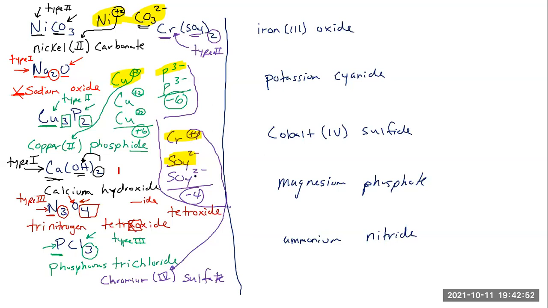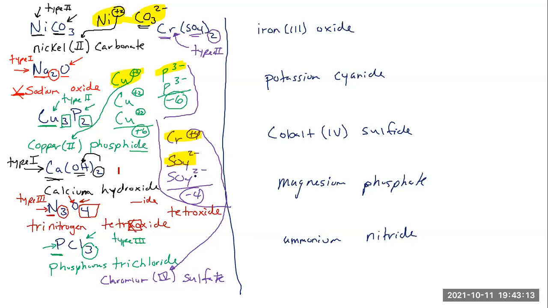You could have a metal and just a straight non-metal together. You could also have another metal and a non-metal together, or you could have a metal with a polyatomic ion. In each of those cases, it's always the metal that's most important, and it's the metal that determines whether or not you should put a Roman numeral in, or you don't need to put a Roman numeral.